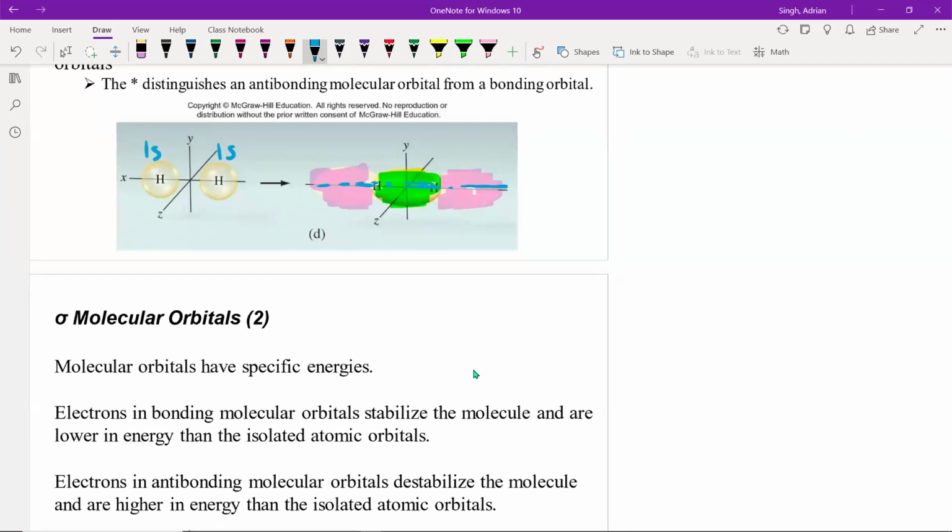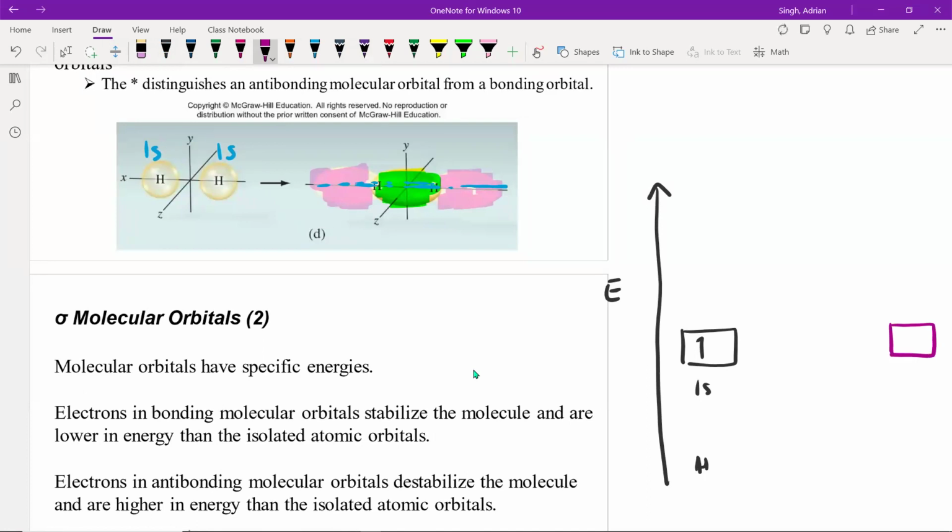So if I were to represent on an energy axis here, energy increasing from bottom to top, a 1s orbital maybe on this side from a hydrogen atom, this is the 1s orbital with one electron in it, and I have another hydrogen on the other side over here with its 1s, right? They're equivalent in energy because they're both 1s orbitals, 1s1, 1s1.